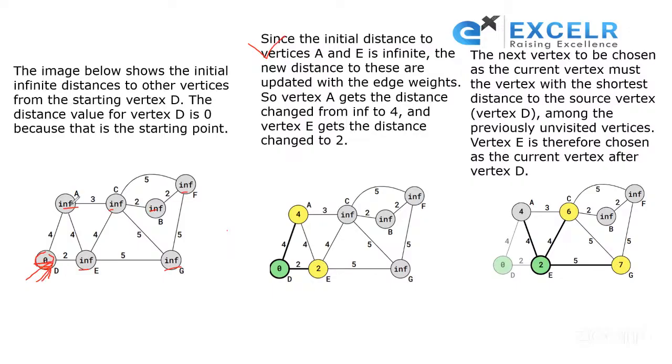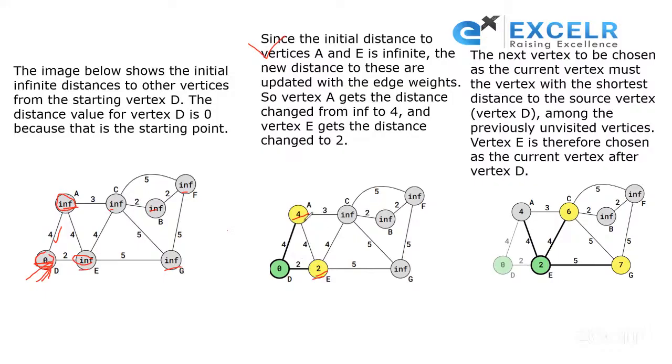So here it is A and E. We will check the distance from D to A and D to E, and replace these infinite values with their costs. For D to A it is 4, and for D to E it is 2. So vertex A gets the distance changed from infinite to 4. Similarly, vertex E gets it changed to 2.